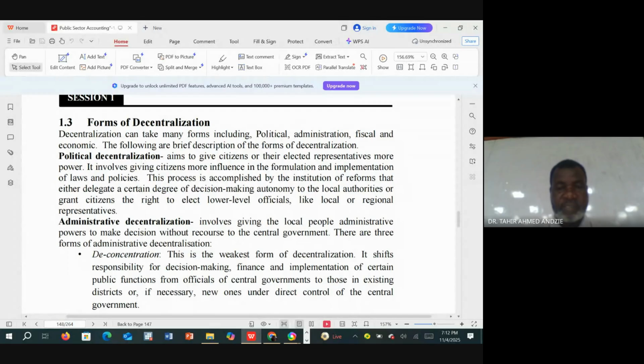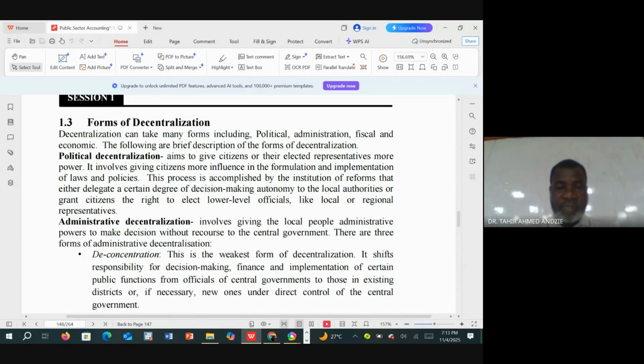This process is established by the institution of reforms that either delegate a certain degree of decision-making autonomy to the local authority or grant citizens the right to elect lower-level officials like local or regional representatives.